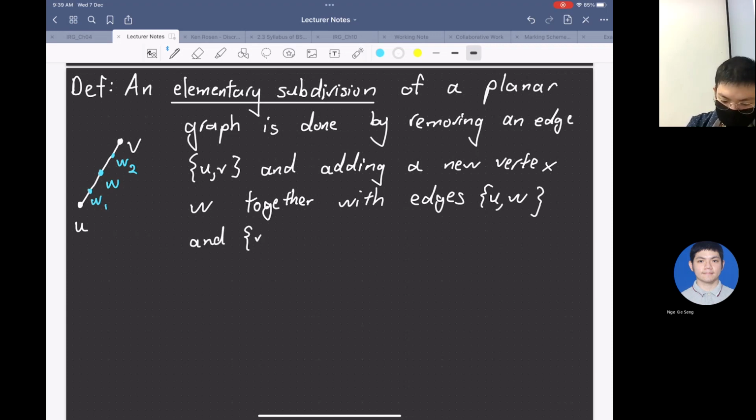And then you can keep doing elementary subdivisions. Okay, this one is simple.